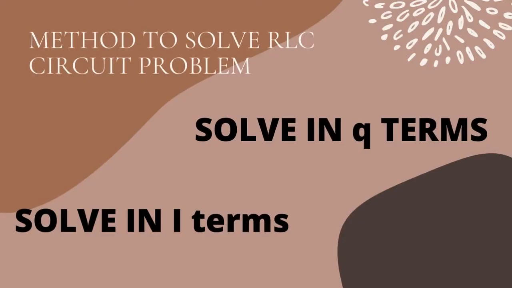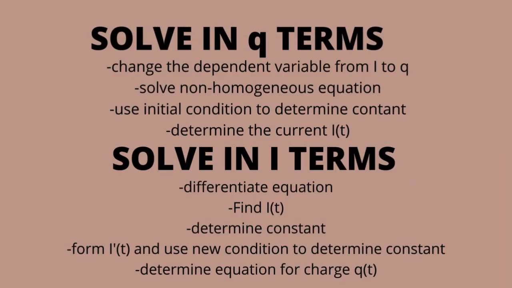There are two methods to solve an RLC circuit problem. First is to solve in Q terms, second is to solve in I terms. Q is in terms of charge and I is in terms of current. The first method is to solve in Q terms.